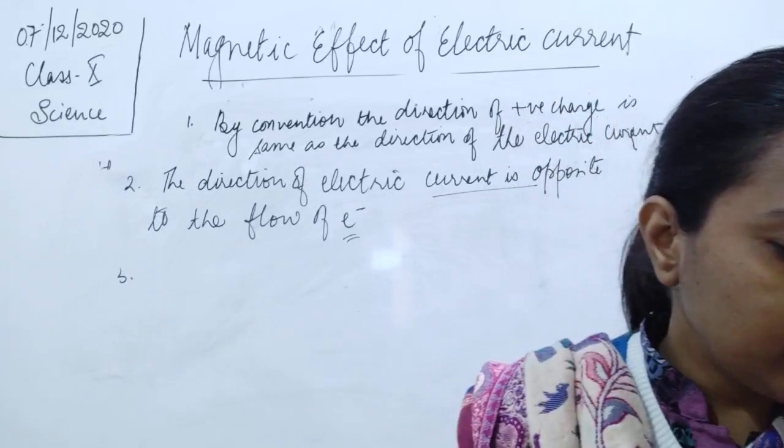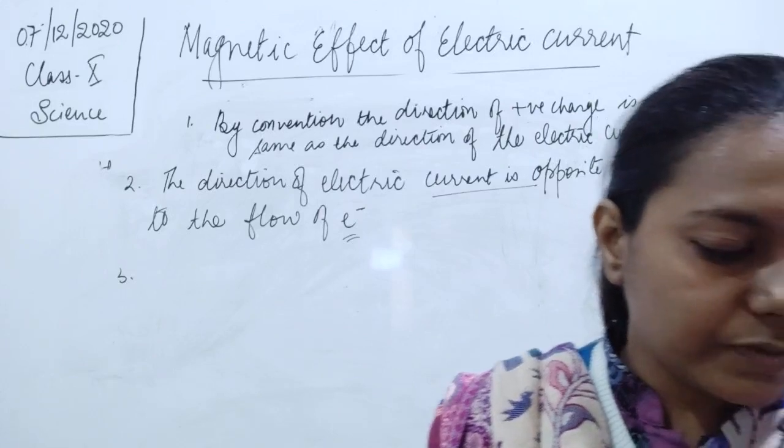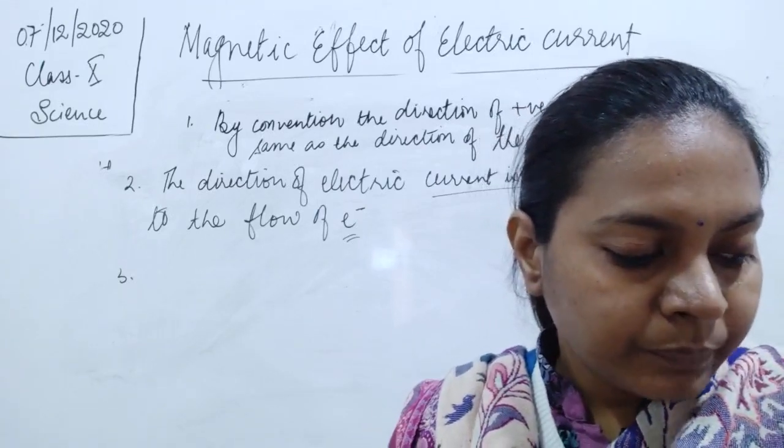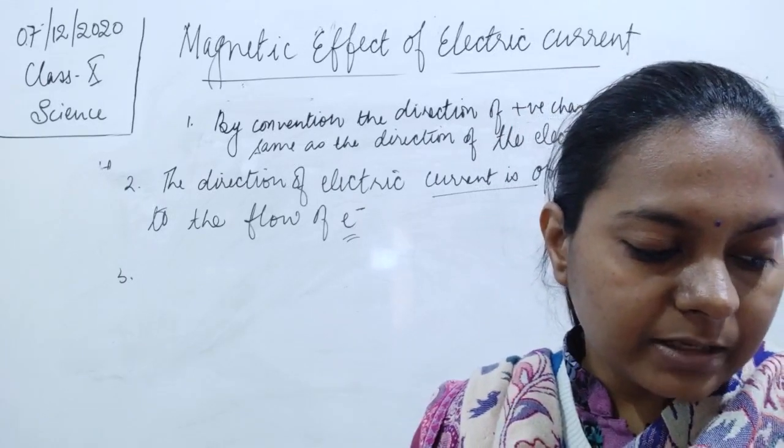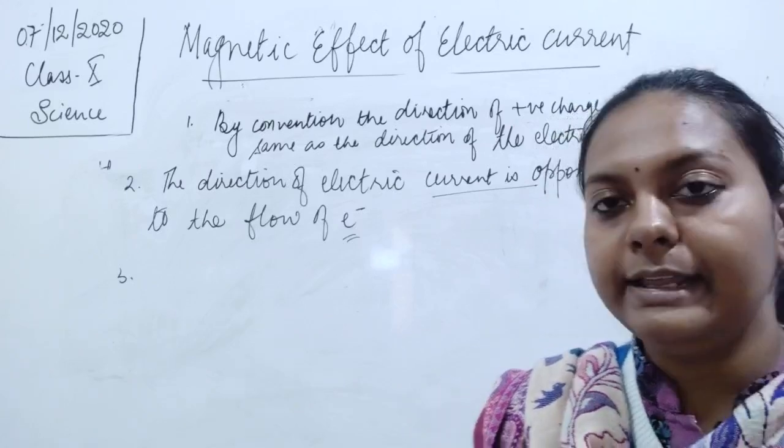Now children, the next point says the direction of the deflection of the current carrying conductor or a stream of positively charged particles or a stream of negatively charged particles like electrons will tell us the direction of the force acting on it.